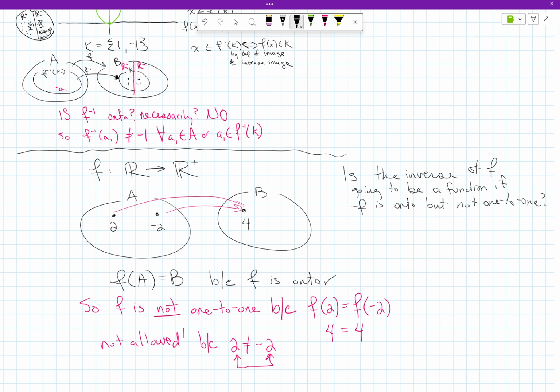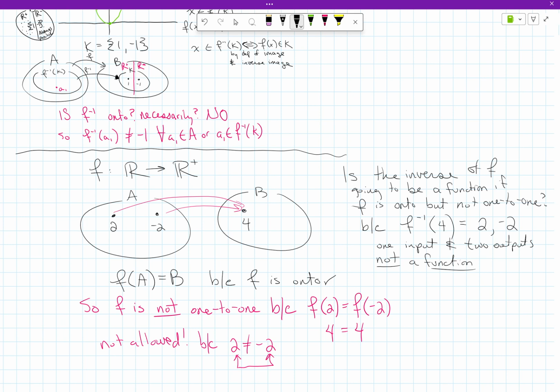Why not? Because if I take the inverse of 4, I have to take it back to the 2 and the negative 2. And that means I have one input, and that one input leads to 2 outputs. And that means that it is not a function.